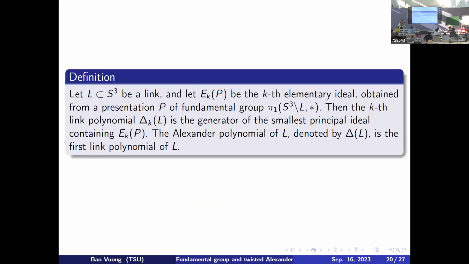And for the case in the three-dimensional torus, the homology group has torsion parts, and then we get not only the Alexander polynomial, but the twisted Alexander polynomial, sending the torsion parts of the fundamental and homology group to some field, let's say the complex field.